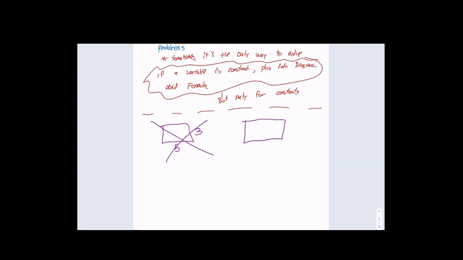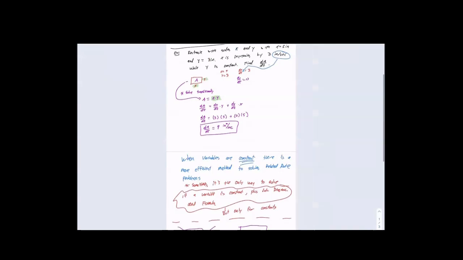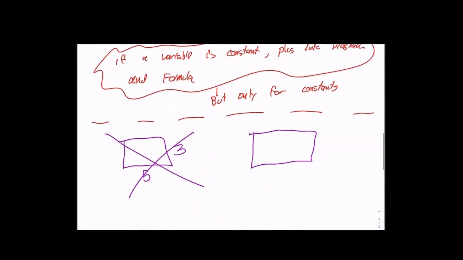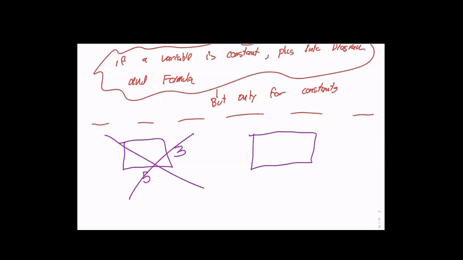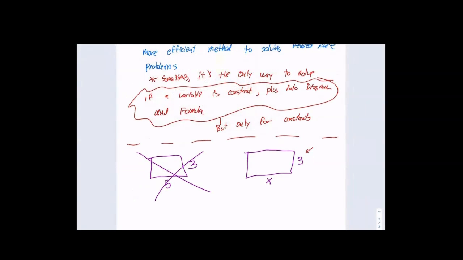What we can do in this problem, though, is this: we know the y is always constant, so we can label this as x down below, and we can label this as 3. And this is okay because what this says is that y is constant at 3 always.